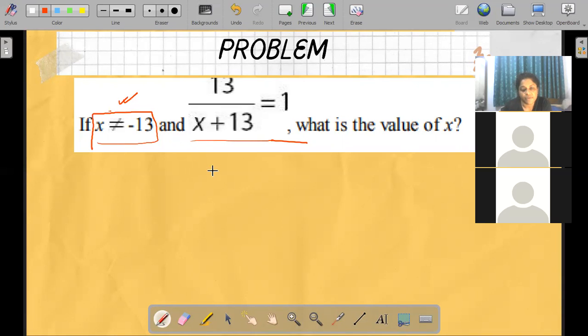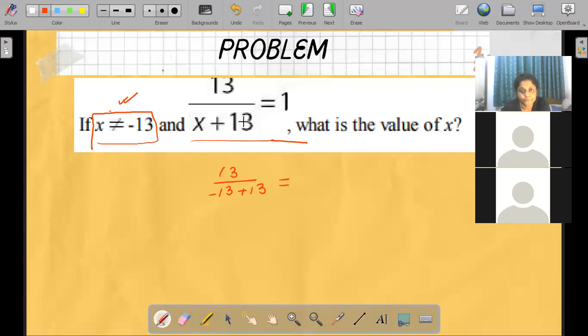Yeah, so suppose this is not given in the problem. So I can take x value as minus 13 also, right? So if I take that value, 13 by minus 13 plus 13, what am I getting? What will be the output from here? 13? Yes. All of you?